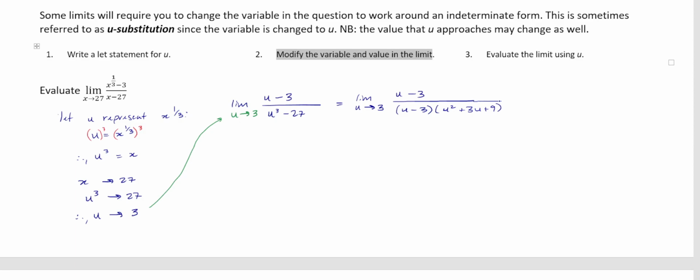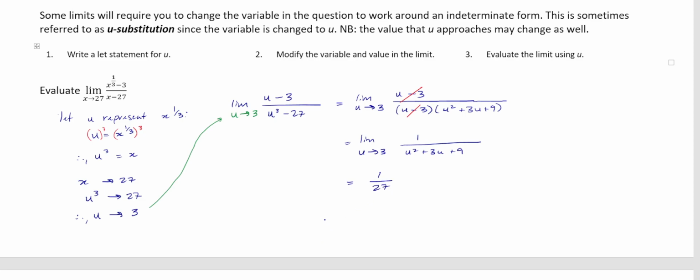And as we can see now, this will cancel. The limit as u approaches 3 of 1 all over u squared plus 3u plus 9. I can perform a direct substitution, and I get 1/27.